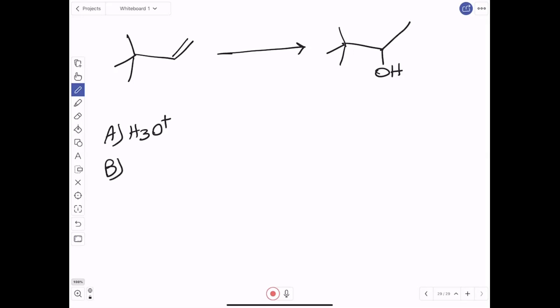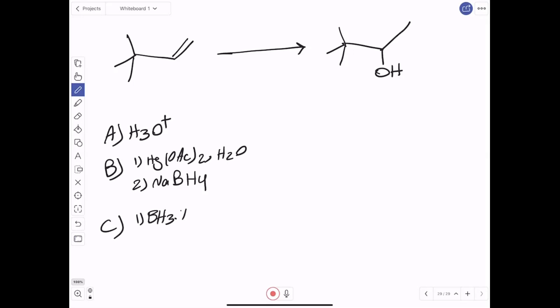B, oxymercuration, demercuration. C, hydroboration oxidation. What's the answer?